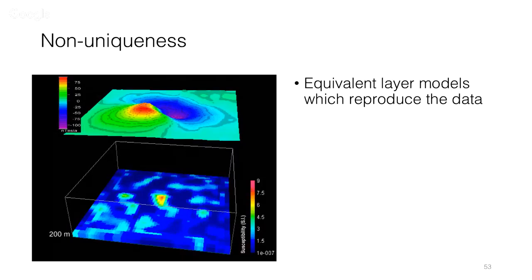It's kind of interesting because it shows what happens if you have layers at the surface or at progressively greater depth. You can actually reproduce something at the surface that looks pretty much like this, with an entirely different susceptibility. How did that happen? I have no idea. Okay.